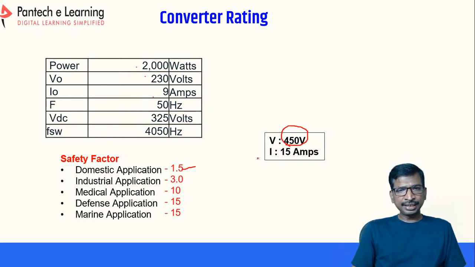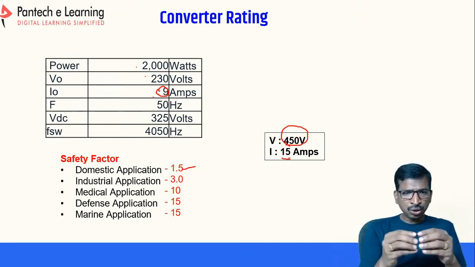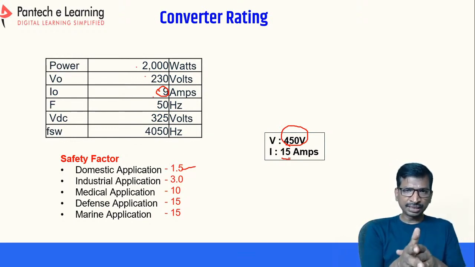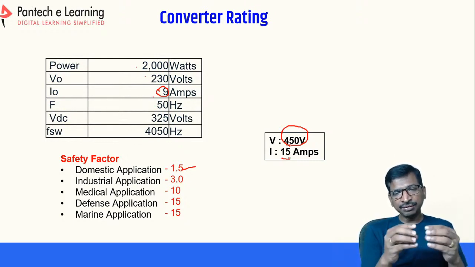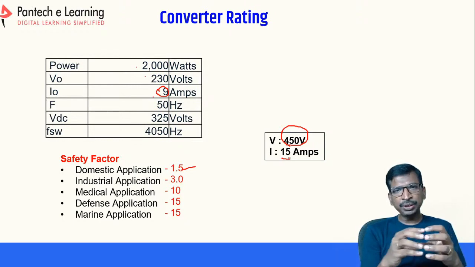And for the current rating, 9 ampere with 1.5 times is about 15 ampere, so that is the maximum current rating. You have to follow the safety factor, otherwise you will lose your money. Instead of a 1.5 safety factor, if you keep 15 as a safety factor, in that case the cost of the device will be huge.